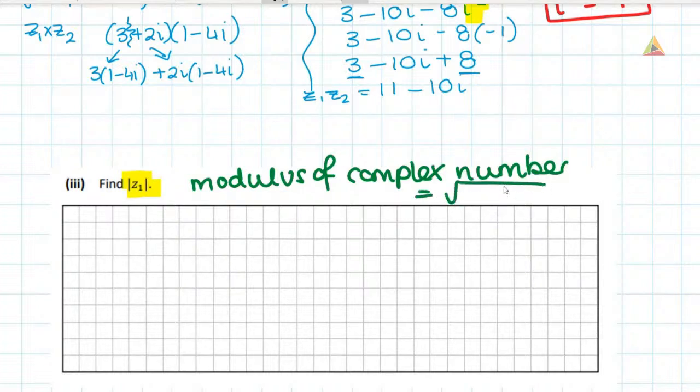The formula for this is the square root of a squared plus b squared. We've already seen that a was our real part, and b was the coefficient of the imaginary part. When we put those numbers into this formula, we're not putting in any i, so we're going to get a real number out of this. To do this, we just need to go back up and see what Z1 was.